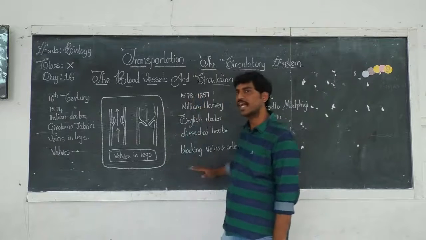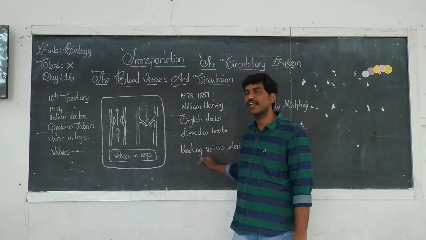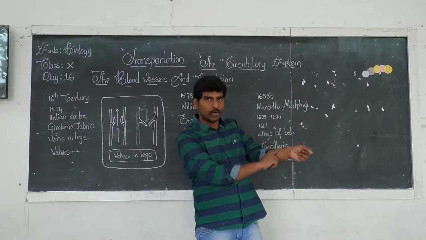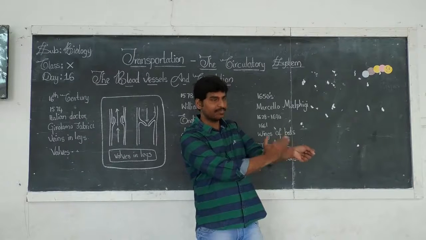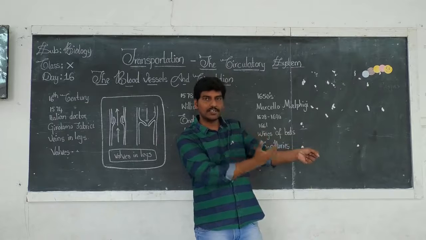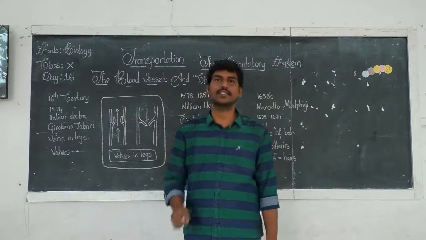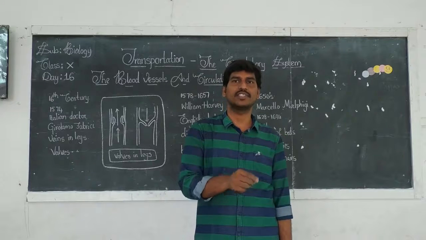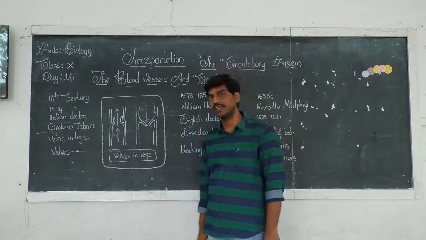So when he started blocking the veins, he saw that, suppose this is the vein, if this vein is blocked, then blood started to accumulate on this side. The blood is not passing toward the heart. By this he came to understand that veins are the blood vessels which carry the blood toward the heart. Right?